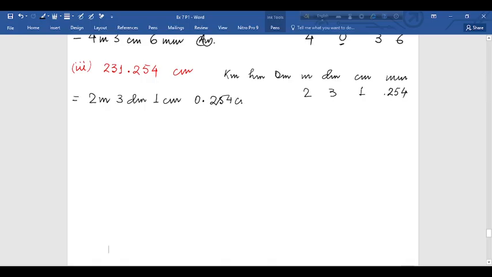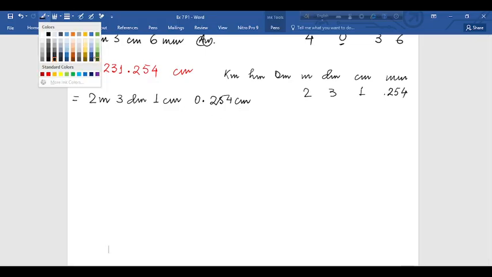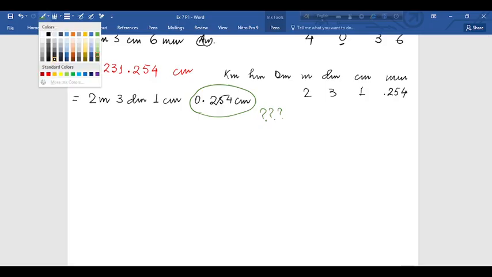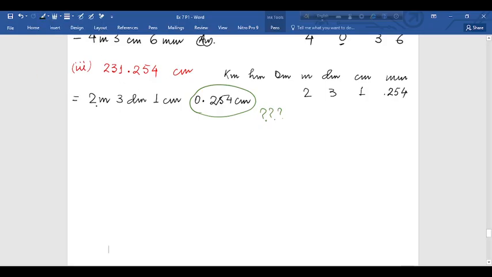0.254 centimeter. Okay. Now about this I have little doubt. I will check it and then I will rectify it if required. So till then we got the answer of this 2 meter, 3 decimeter and 1 centimeter.